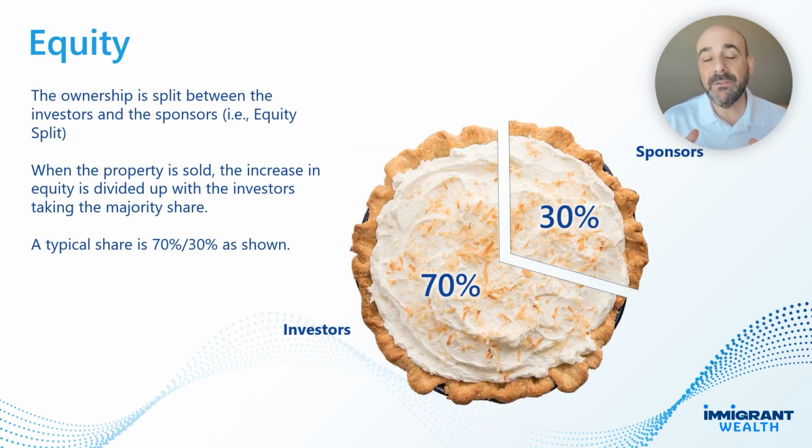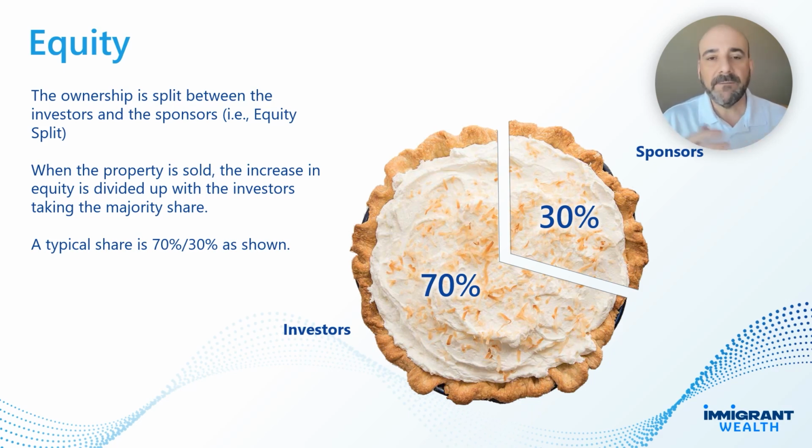The second big piece is equity. So as the property improves its cash flow, its profitability, and the value of that property increases, there's equity that is built up. And so the ownership split between the limited partners and the sponsors is, like I mentioned before, in the syndications I've been a part of, a 70-30 split.